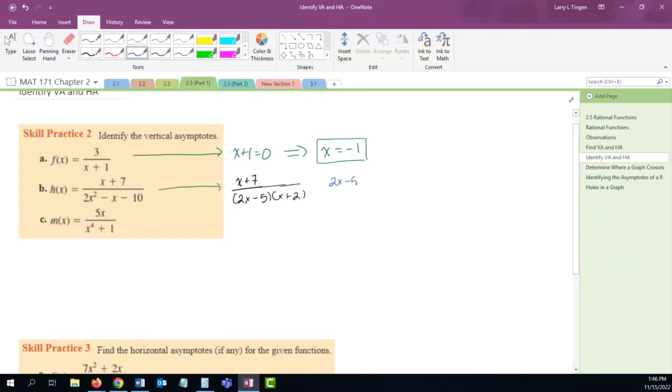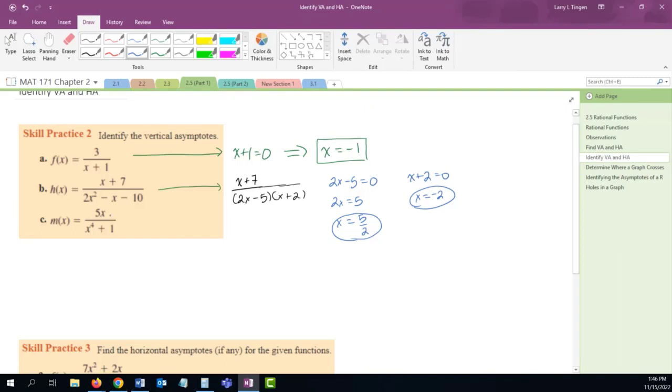So they're going to occur when 2x plus 5 is 0. So when x is 5 halves, we're going to have a vertical asymptote. And then x is negative 2. So there are my vertical asymptotes. All right. How about the last one?